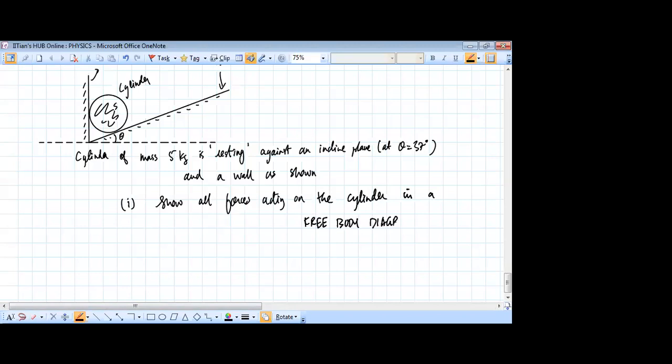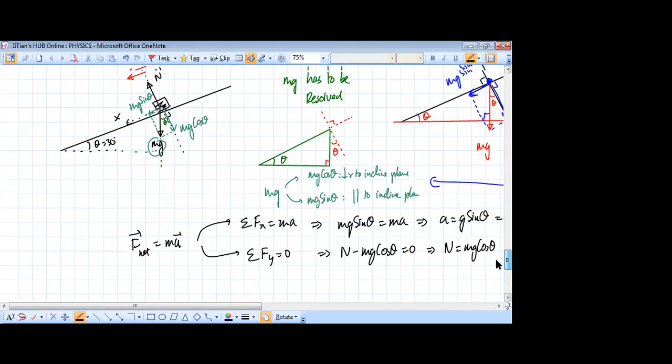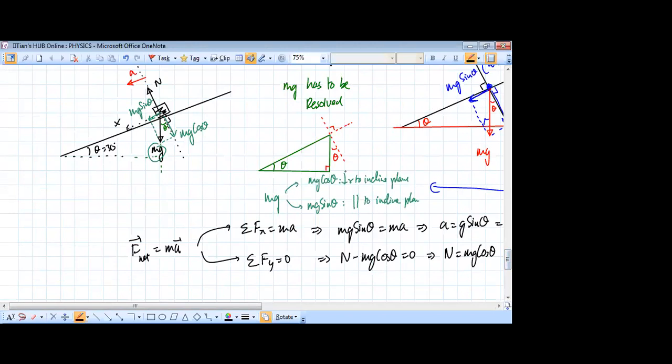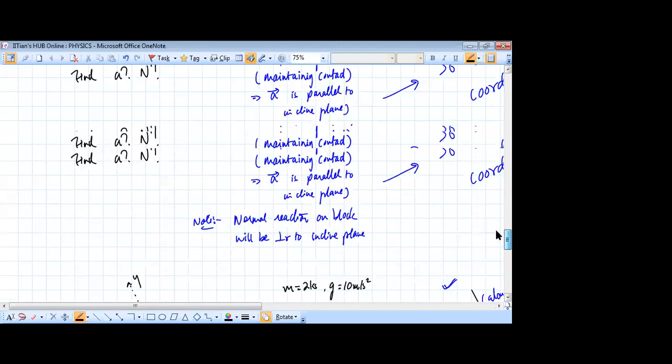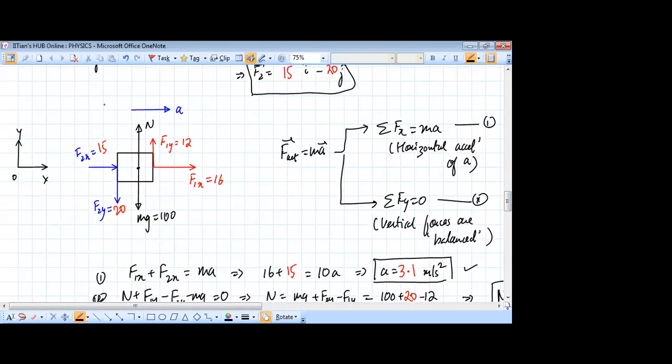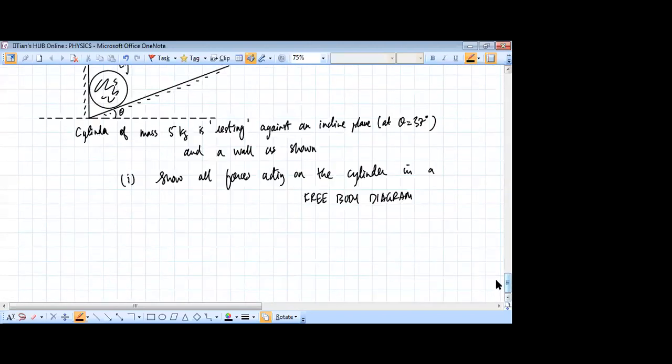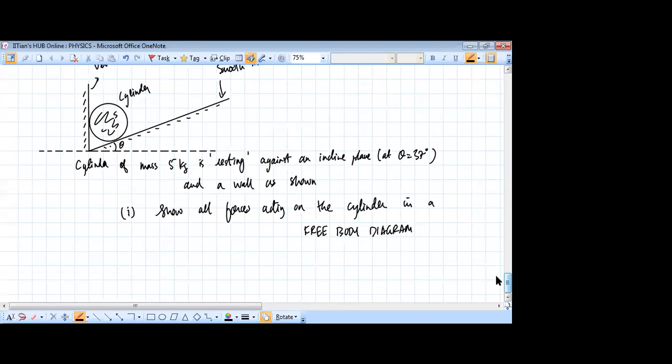So I'll explain what a free body diagram is. Whenever we make a diagram with the body showing only the forces acting on it, like this diagram over here or the diagram above, these are all examples of what we call a free body diagram. So we'll write down the definition of free body diagram, but we've been applying it already actually.